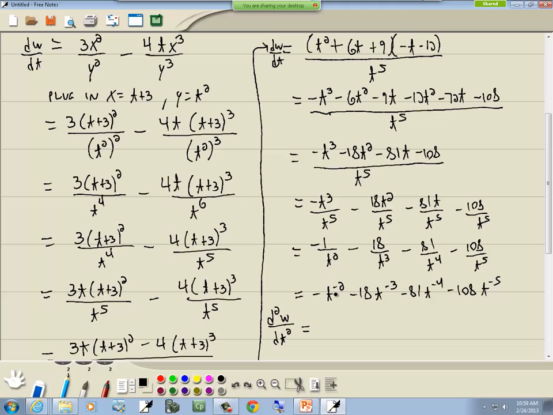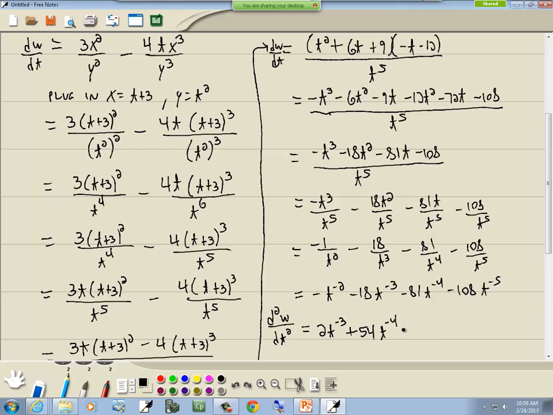So if you have t to a power, take your power, put it out in front, lower your power by 1. Well, we got a negative times a negative 2 gives us a positive 2. Lower our power by 1, that becomes a negative 3. Take negative 3 out in front, and that gives us a positive 54. Lower your power by 1.